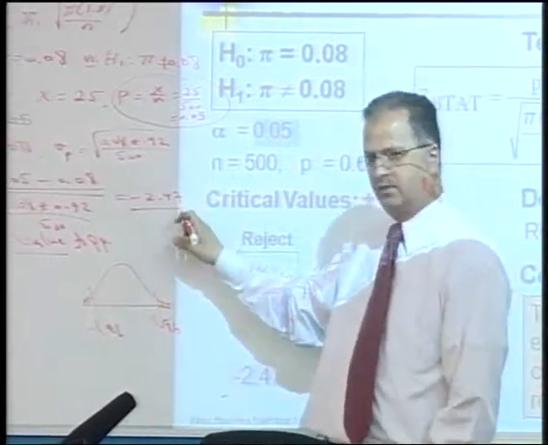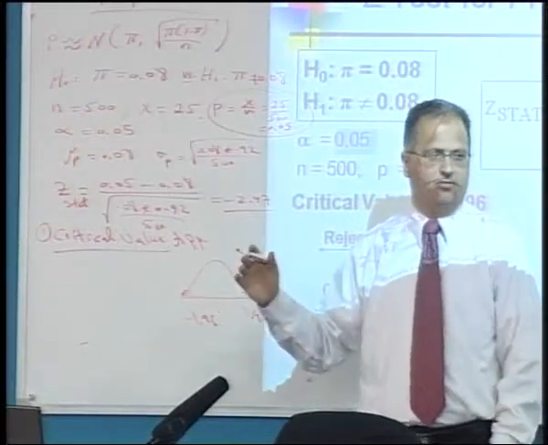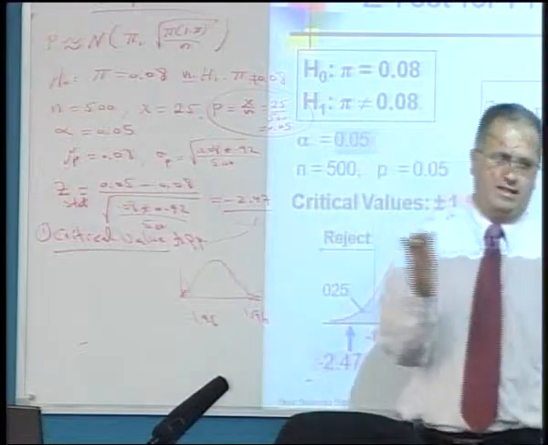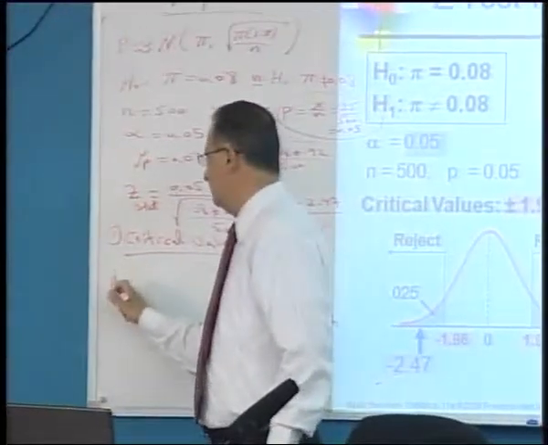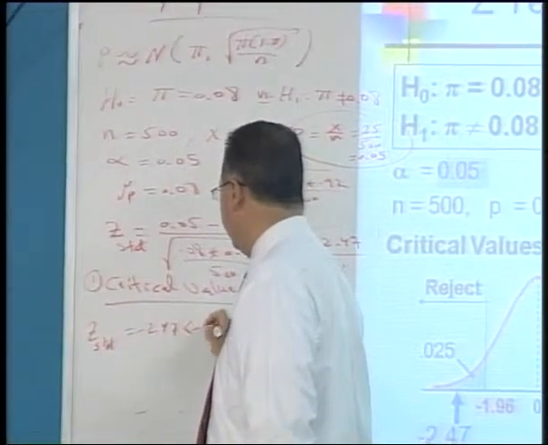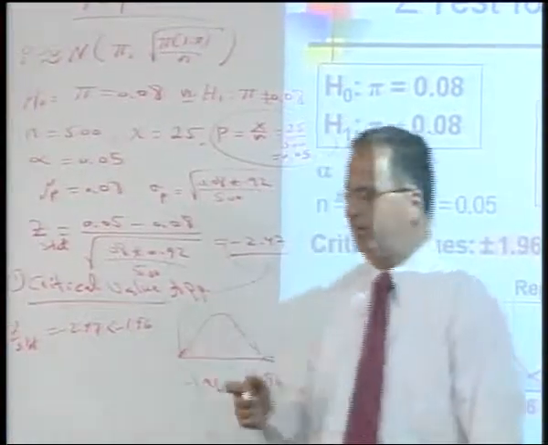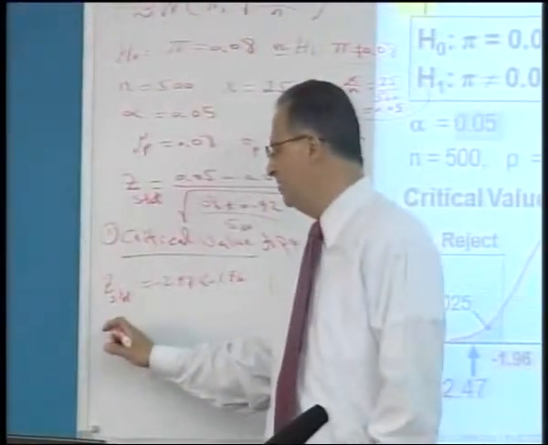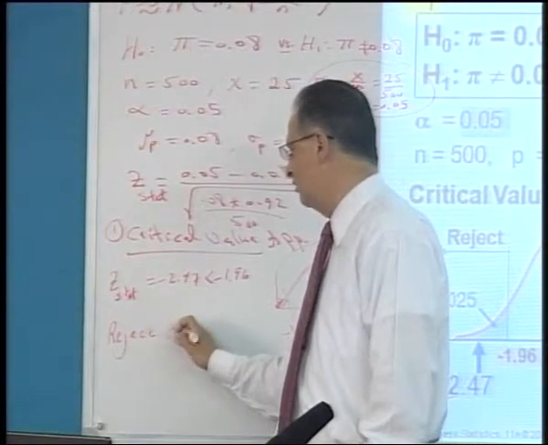If the value of the statistic falls in one of these two rejection regions, then we have to reject the null hypothesis. Now this value falls in the rejection region to the left side. Since this value equals negative 2.47, smaller than negative 1.96, it means the value of the test statistic falls in the rejection region, then my decision is reject H0.